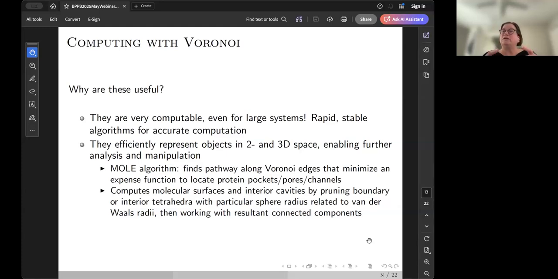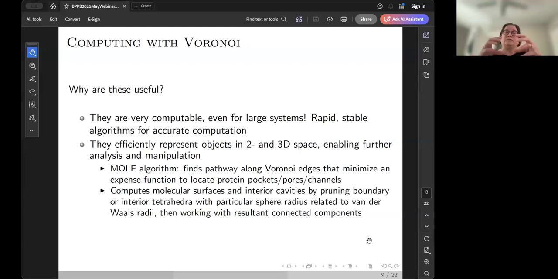It operates specifically on molecular structural data, and it finds pathways along those Voronoi edges that minimize some sort of cost function, and it allows me to locate pores and pockets inside these structures. So I can compute molecular surfaces or interior cavities by pruning down the various tetrahedra that are formed from this tetrahedralization, which is the dual of the Voronoi diagram.